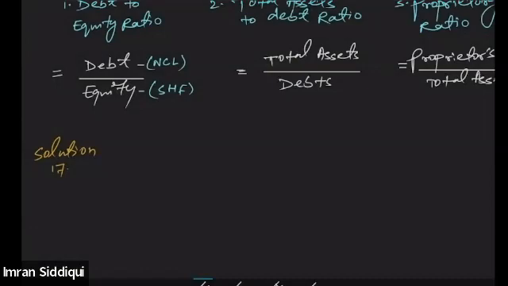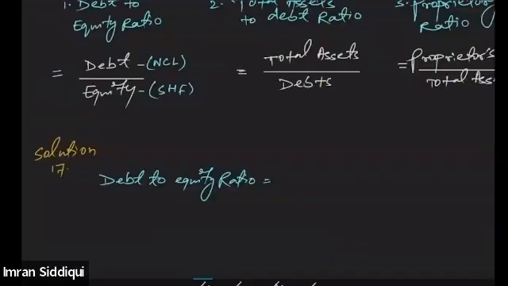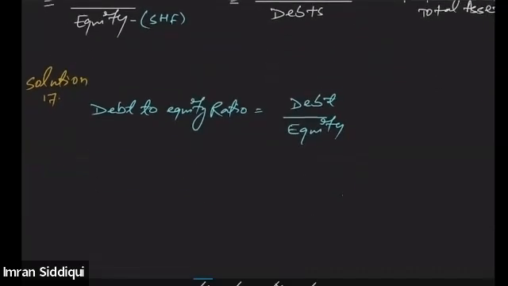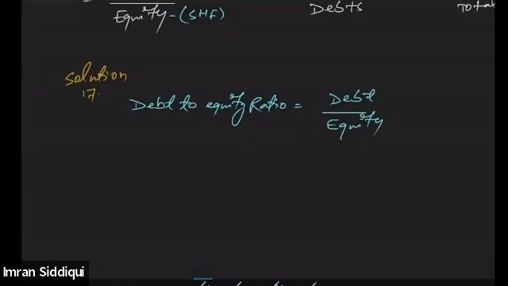The formula for the debt to equity ratio is total debt divided by total equity. As I told you, debt means non-current liabilities and equity means shareholders fund.